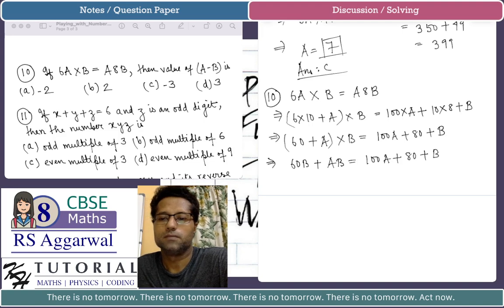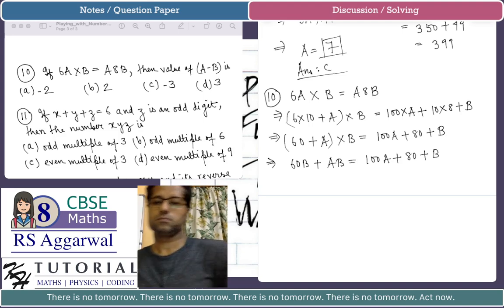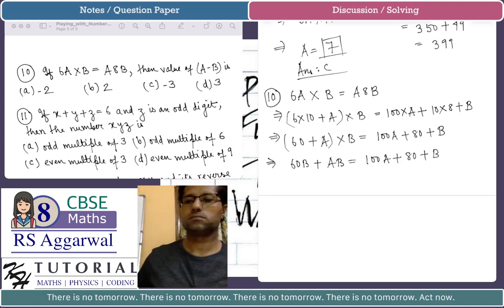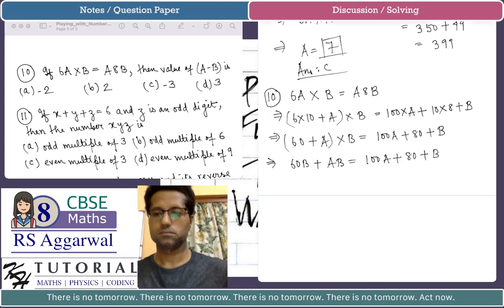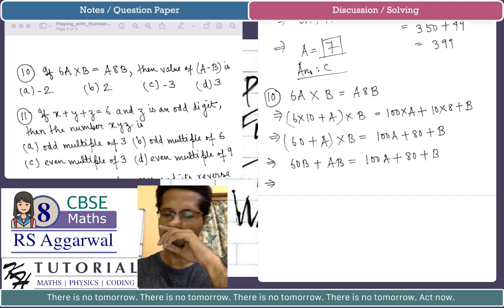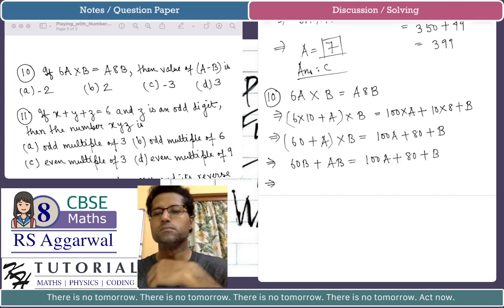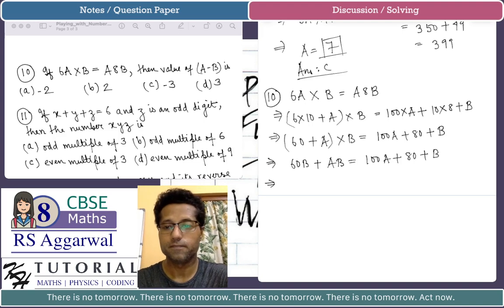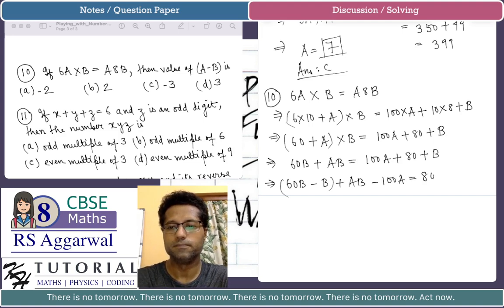Now from here, how do we find the value of a and b? If I bring all the terms related to the digits to the left hand side, we get 60b minus b plus ab minus 100a is equal to 80.